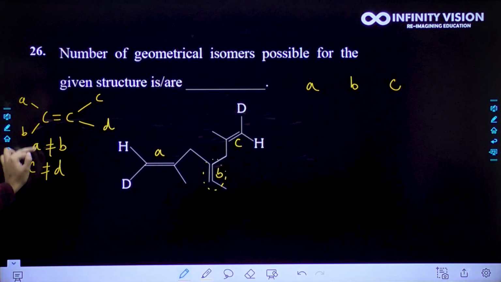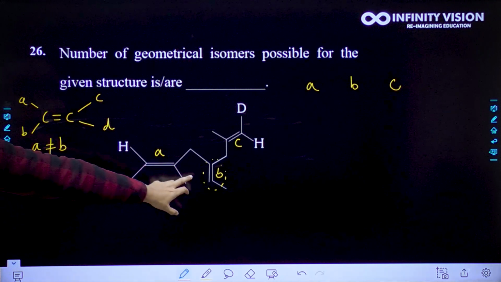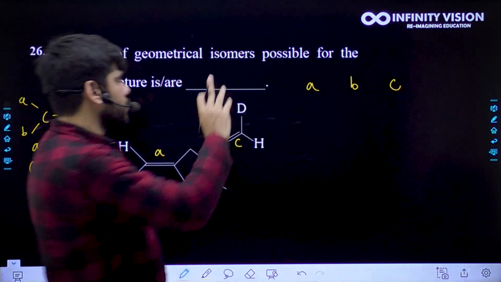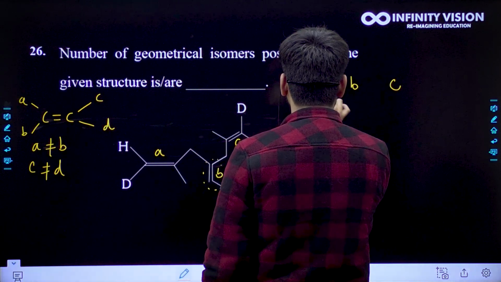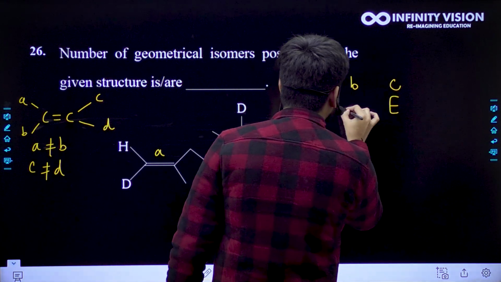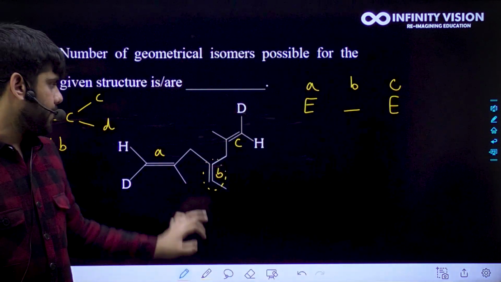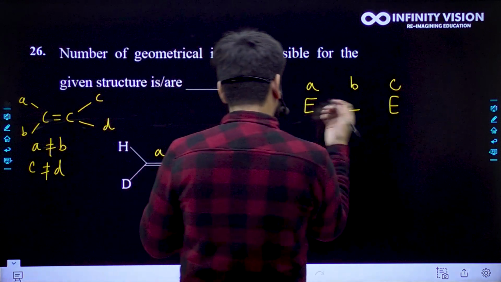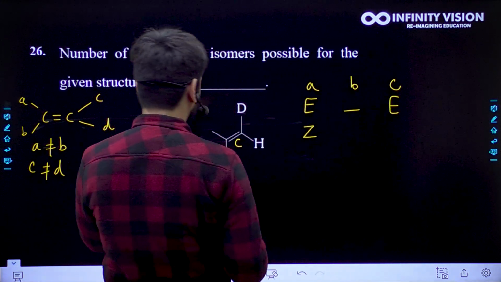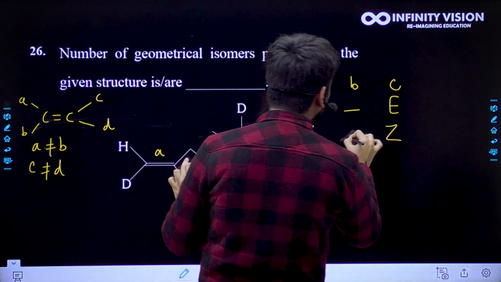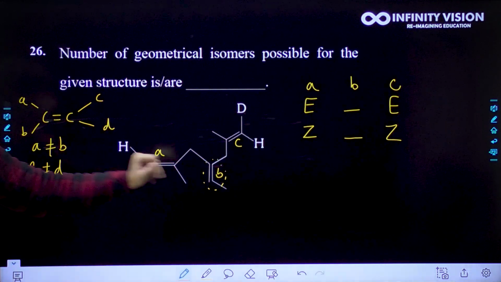Why? Because both these groups are the same, so it will not exhibit GI. So what I'm saying is, if the first one is E and the last one is also E, then this will not exhibit any GI, right? And the same goes for Z. If this is a Z alkene and this one is a Z alkene, this will not exhibit GI.